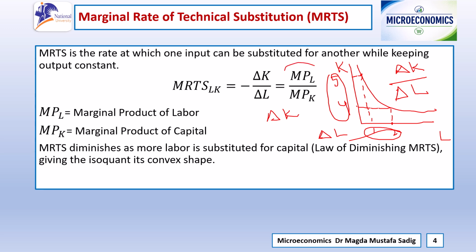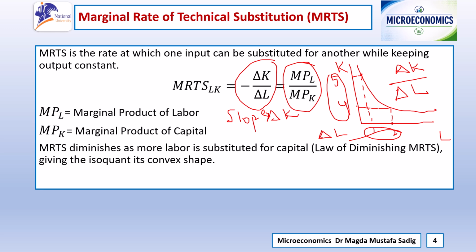So the slope is equal to the rate of change, because as you studied before, the rate of change in the y-axis divided by the rate of change in the x-axis is always the slope of the isoquant. So this is called the marginal rate of technical substitution.